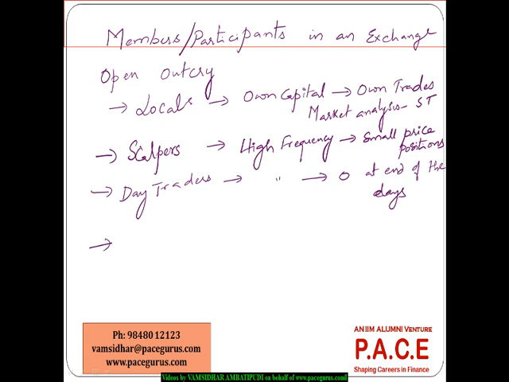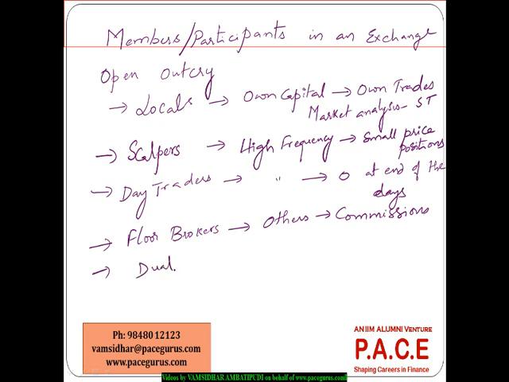And along with all these people who are trading in the various accounts, we also see some kind of brokers called floor brokers who trade for others for a commission. Or probably we also see some kind of participants called dual traders.